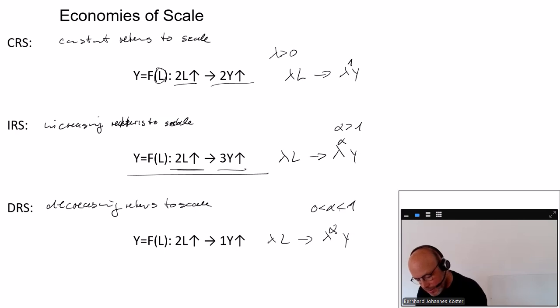So, and here in general, you have the power to 1. So this we also call the alpha, the degree of homogeneity.